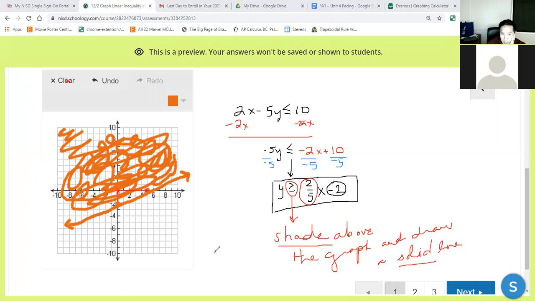So my solutions can be anywhere in the shaded region and on top of the line. I can include those points.